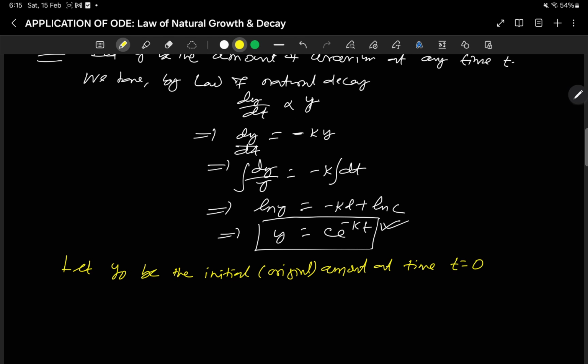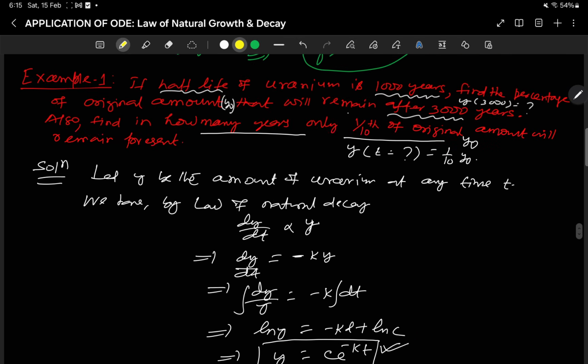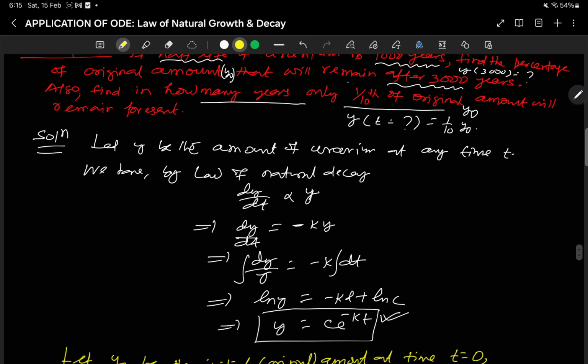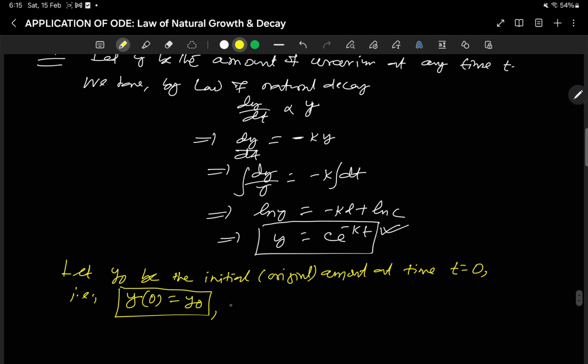So y of 0 is y0. This is one condition. Another condition is that the half-life of uranium is 1000 years, which means y of 1000 is half-life, meaning y0 by 2.